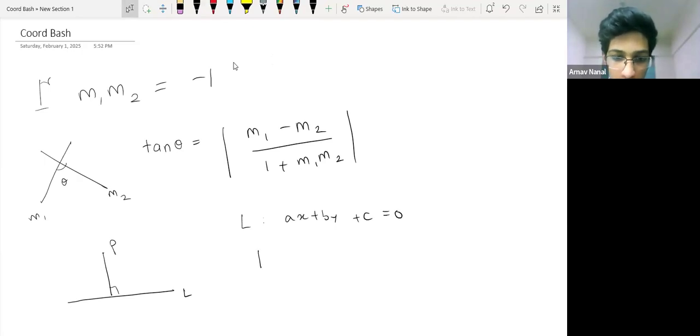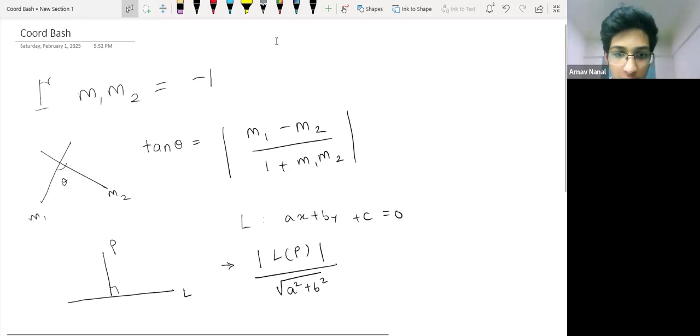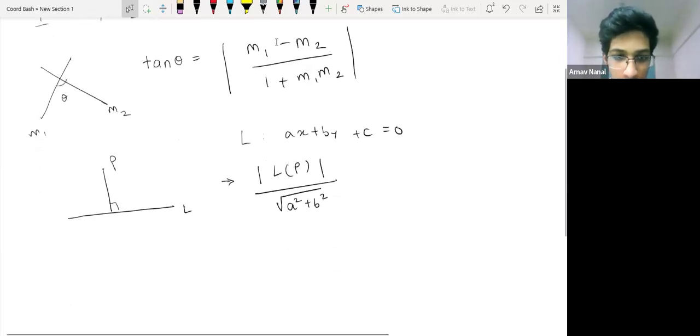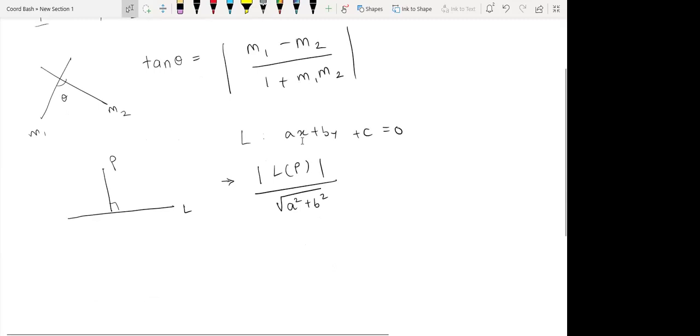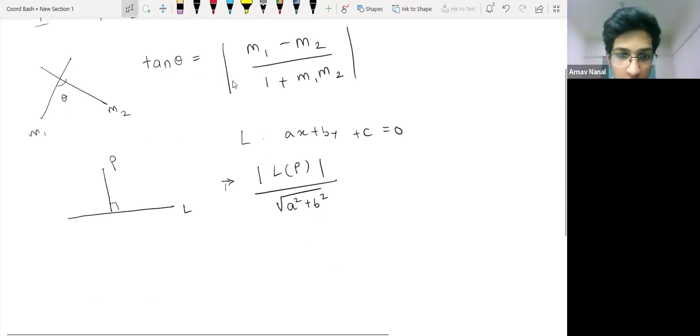Then the distance of the point from the line is given by mod of L of P upon root of a square plus b square. Does everyone understand this notation? Yes, L of P is just substituting the coordinates of P in L.